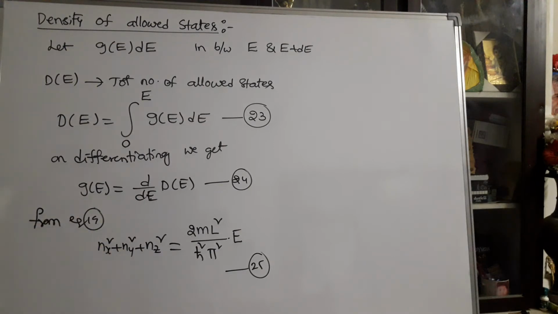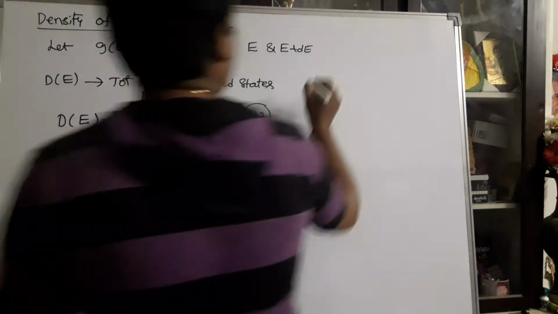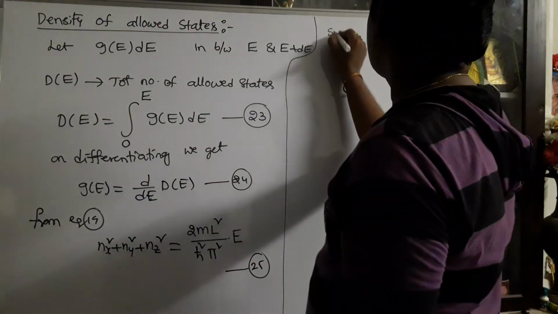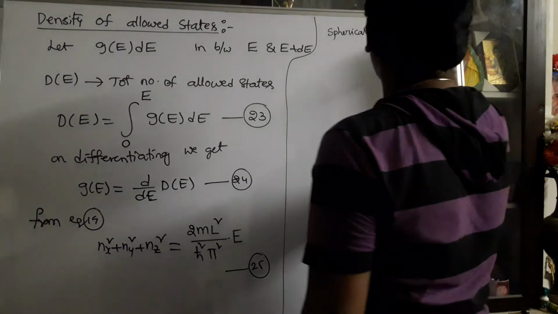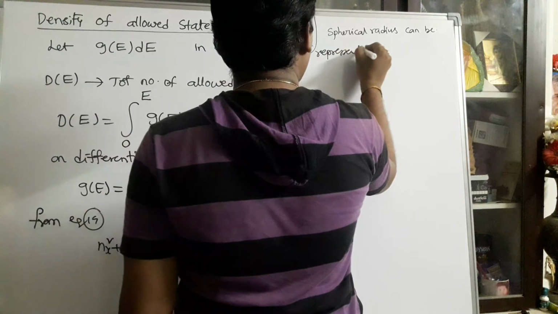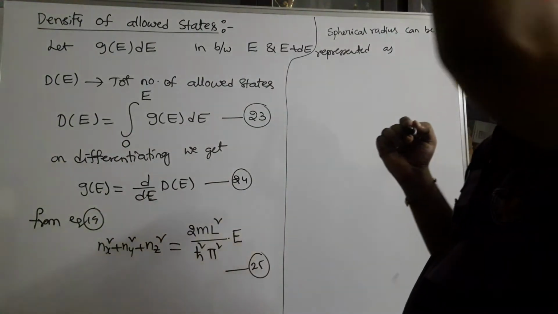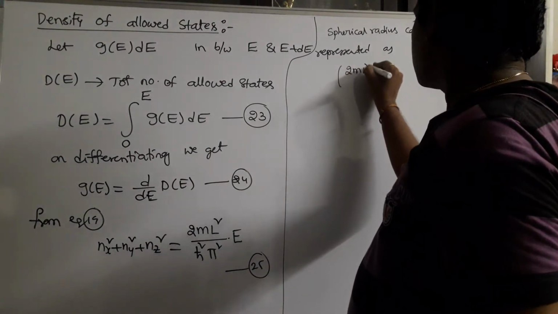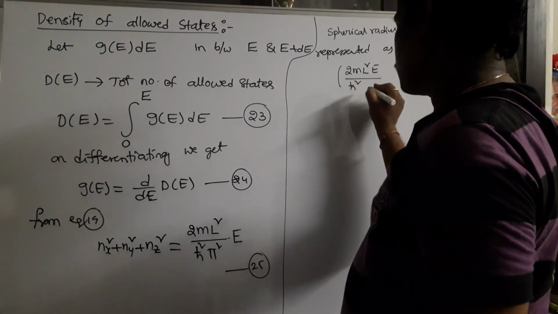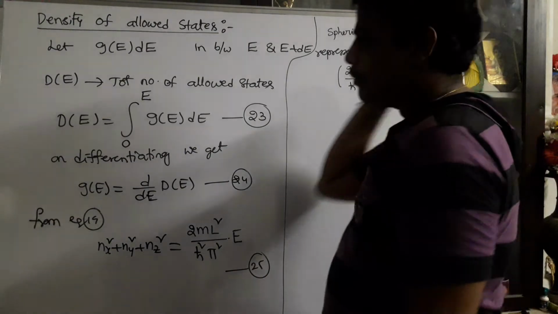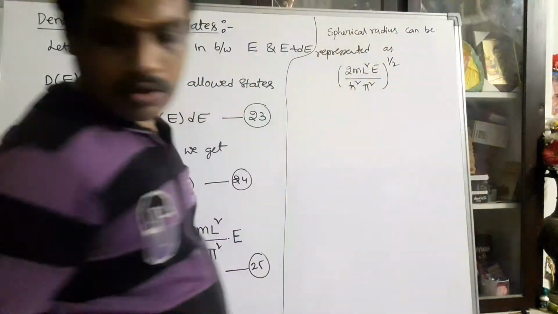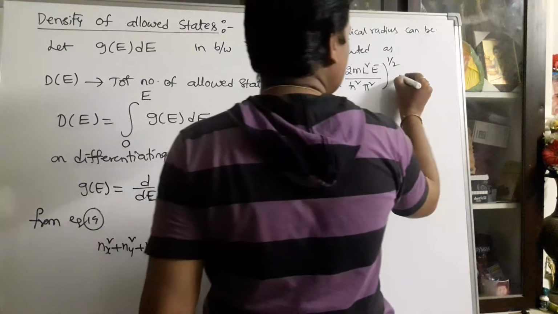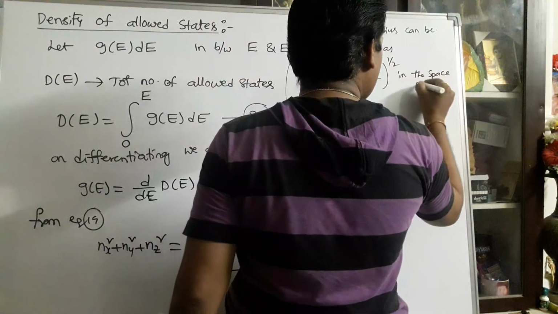Particularly from this equation, the spherical radius can be represented as 2mL square E by h cut square pi square, whole power 3 by 2 with respect to the cubical form, this is 1 by 2 whole power 1 by 2, particularly in the n space region.